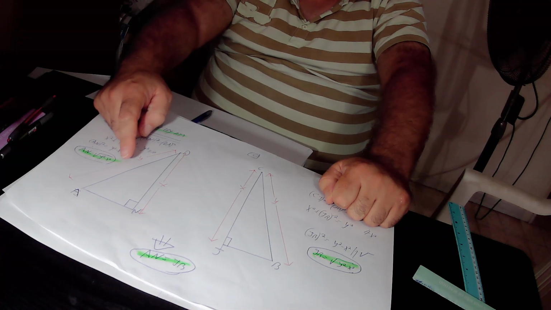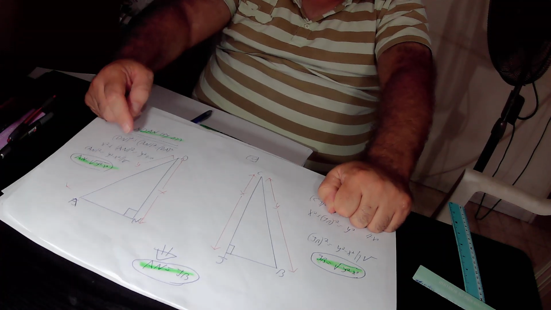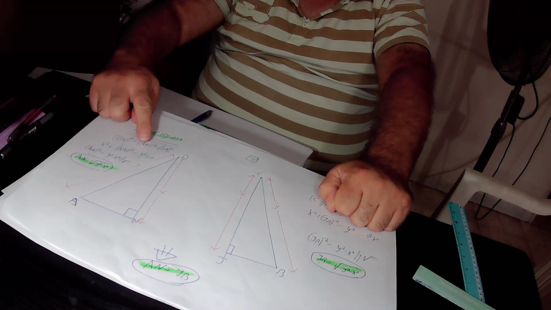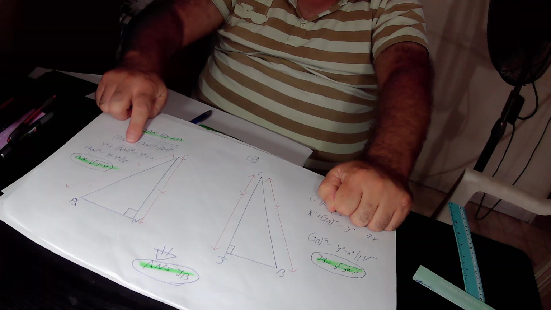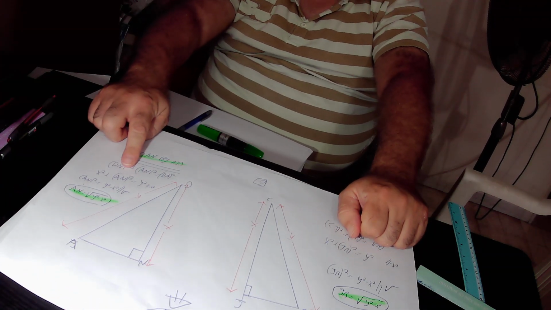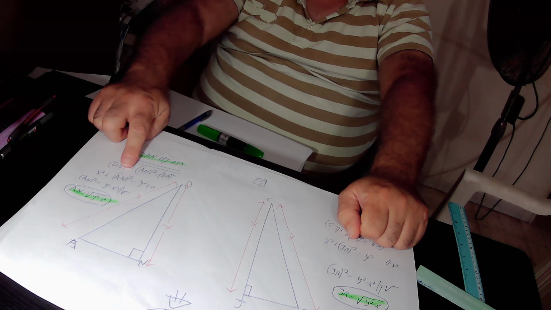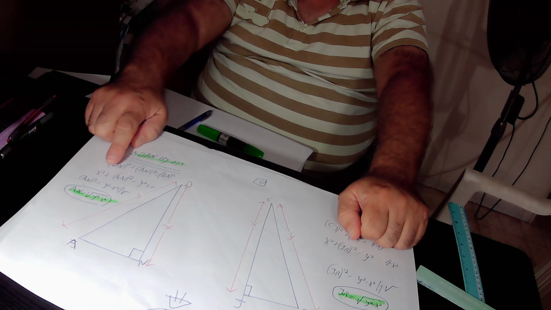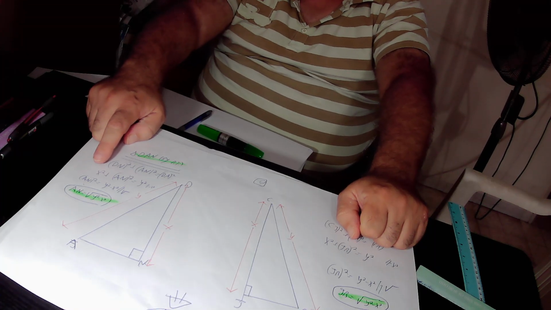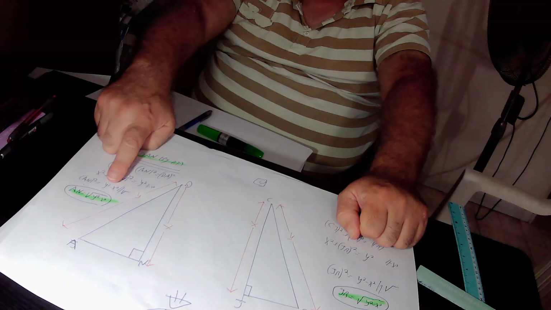According to the Pythagorean theorem, y squared equals x squared plus AN squared. Here we subtracted x squared from this equation and finally found out that AN squared equals y squared minus x squared. Here we took the root of this equation and finally found out that AN equals the square root of y squared minus x squared.